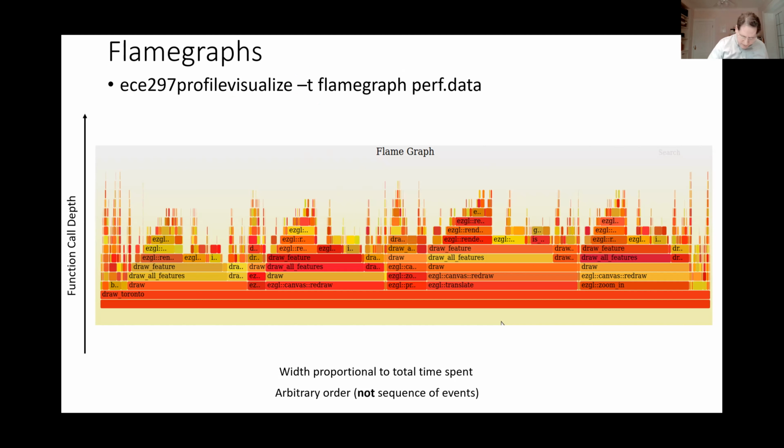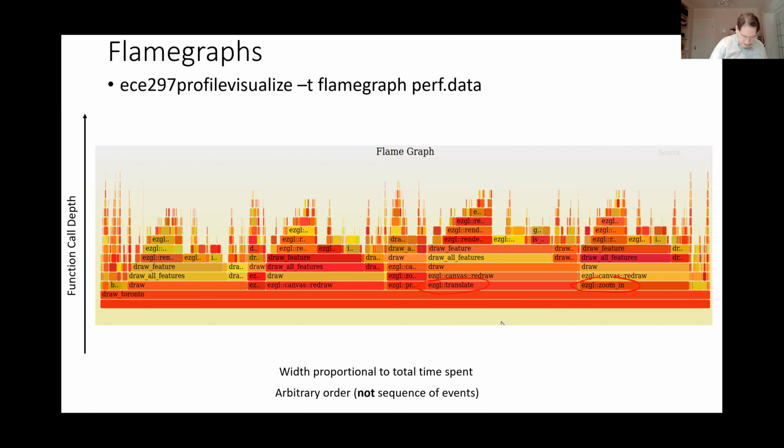Okay. So this is showing that our draw function, well, here's draw Toronto. This is the whole run here. And draw Toronto called a few different functions. So it called the translate function. That's when you click on the buttons to move the view left or right. It called the zoom in function.